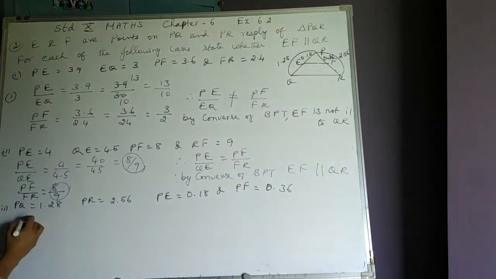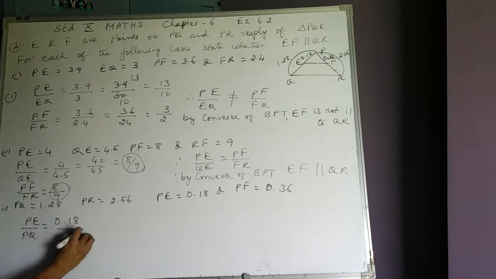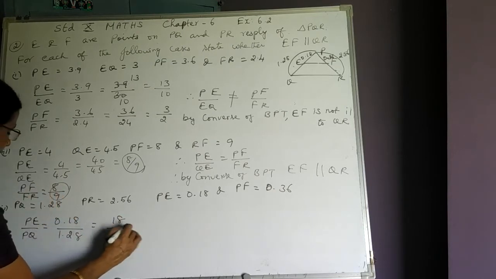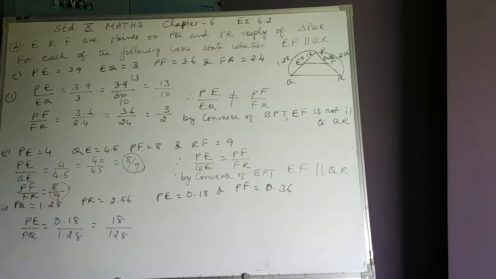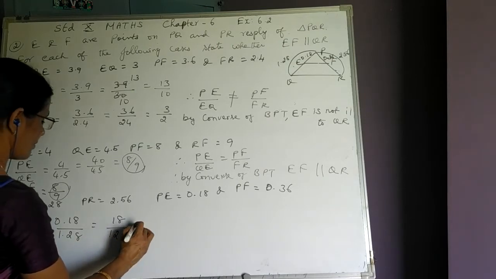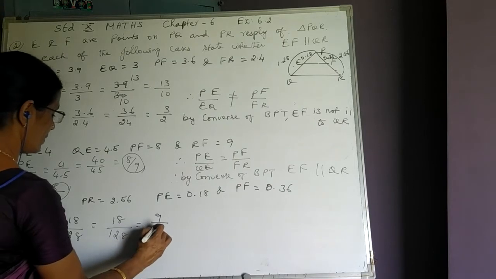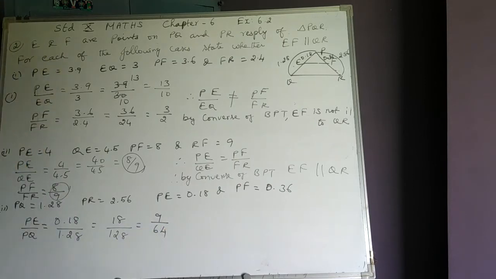So which ratio are we going to find out? PE upon PQ. It is 0.18 upon PQ. PQ is 1.28. It is 18 upon 128. What is 18 upon 128? It is 9 upon 64.